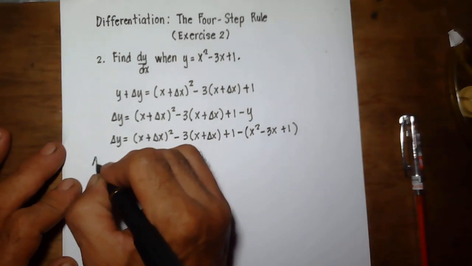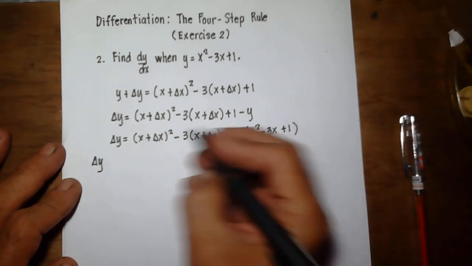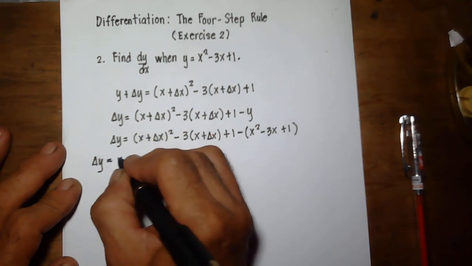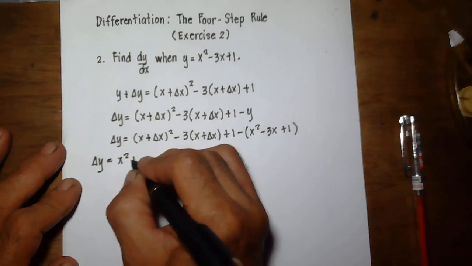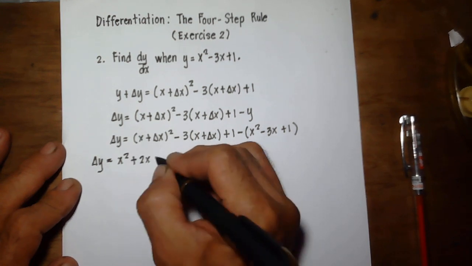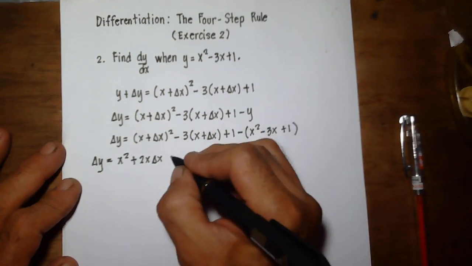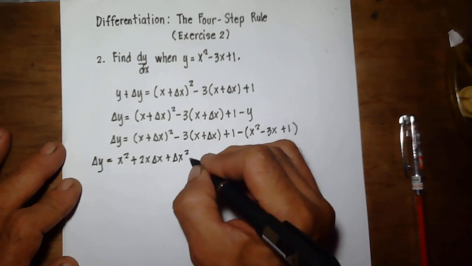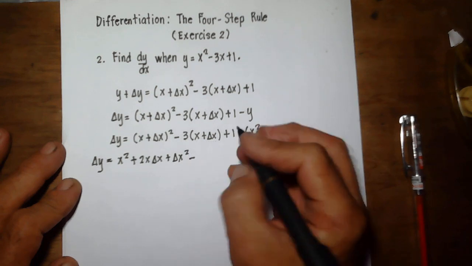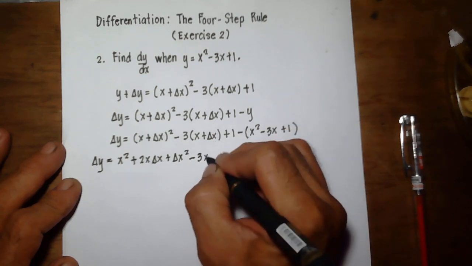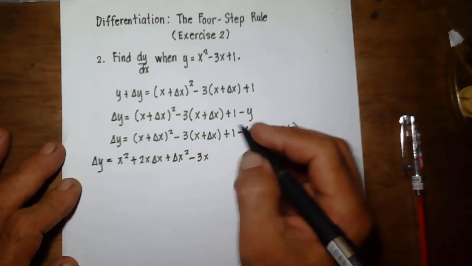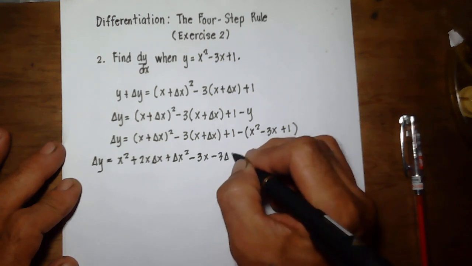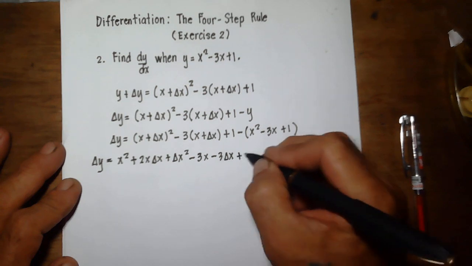We have delta y is equal to, we expand this, x squared plus 2x delta x plus delta x squared minus 3 times x, 3x, negative 3 times delta x, minus 3 delta x, plus 1.